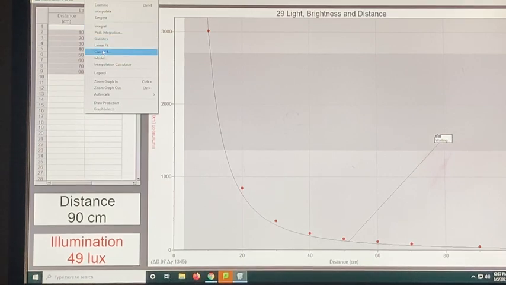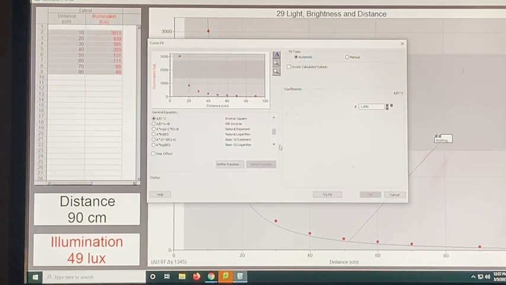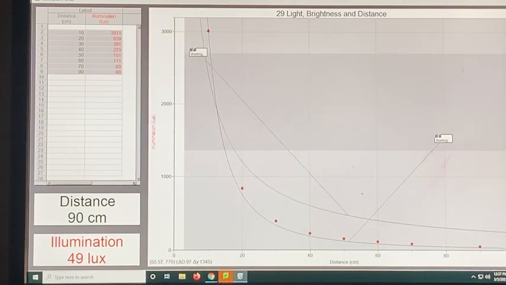I could try another fit, just an inverse relationship. This second one is an inverse relationship, meaning we're going as 1 over x. And you can see the fit is not very good.